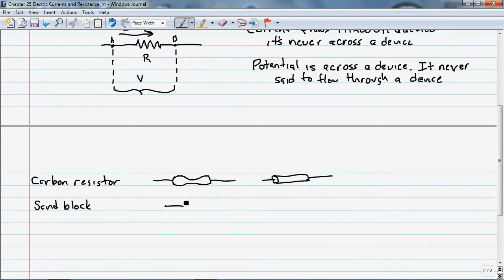And those usually are pretty big. There'll be a rectangle or a box, something like so. You could have wire wound. Typically those are in a cylinder that's hollow, and you'll have leads coming out like so. And there are other types.